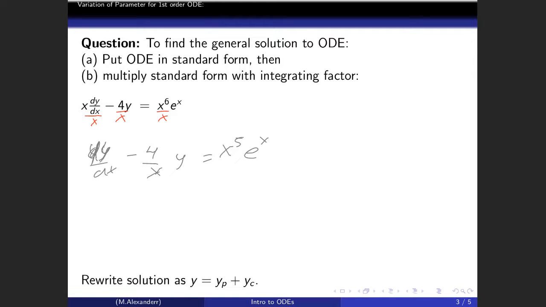So the first derivative of y minus 4 over x times y is equal to x to the fifth e to the x. All right, so now that you have this standard form, you go into step B.